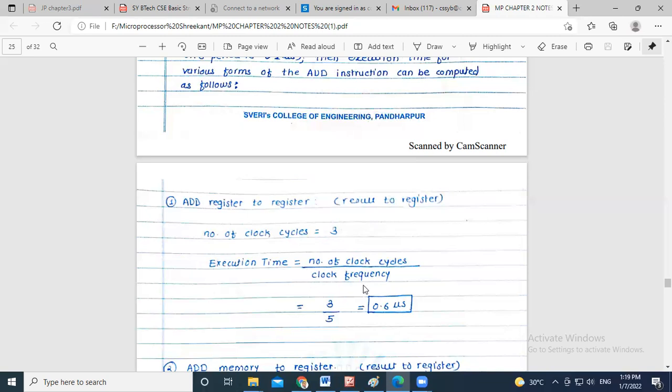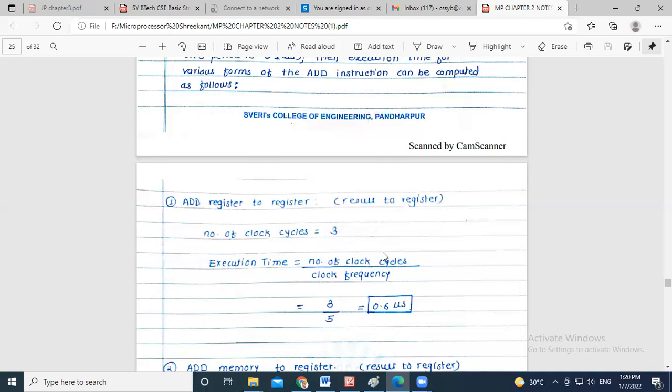The clock frequency by default is always 5. Why is it 5? To the microprocessors 8085 and 8086, we have to supply power of 5 volts, at pin number 20 and pin number 40. Remember this. So we have to supply 5 volt power.